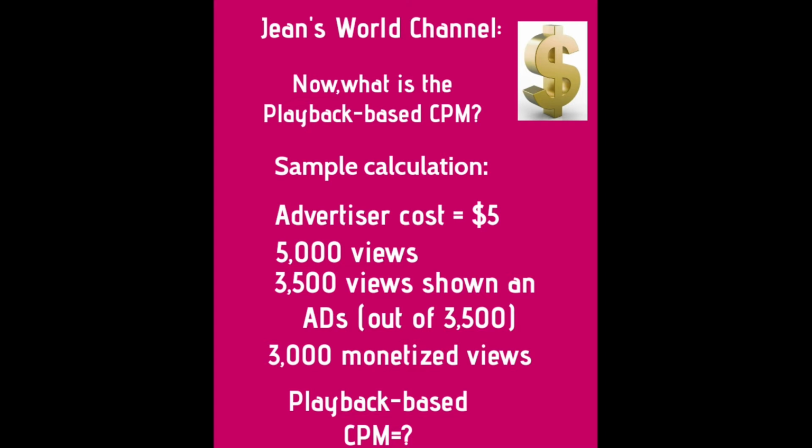Please note that playback views depend on the monetized views, not on ad impressions. So, to calculate it, we have to use the 3,000. Kasi, ito yung monetized views na nakuha ko, for example.